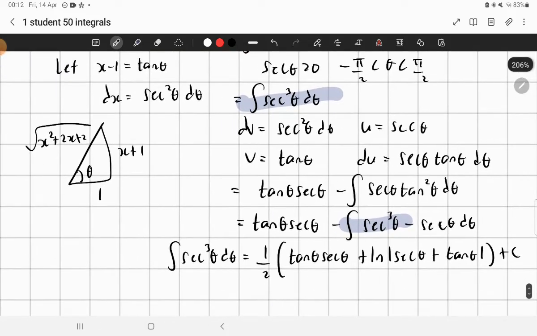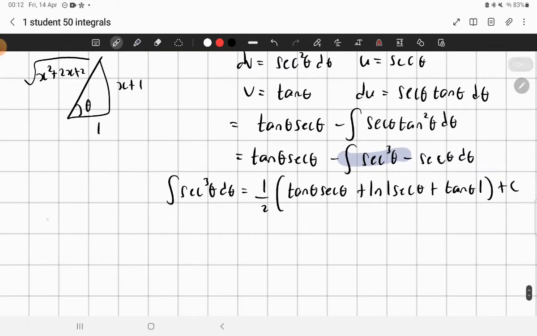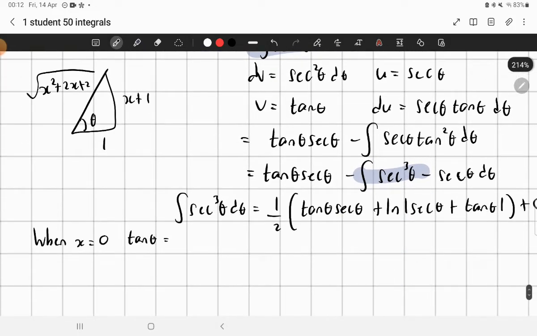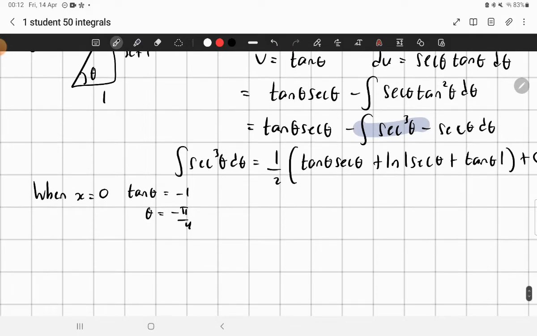So I know that when x is equal to 0, then tangent theta will equal -1, which implies that theta is -pi/4. And when x is 2, tangent theta is equal to 1, theta is equal to pi/4.